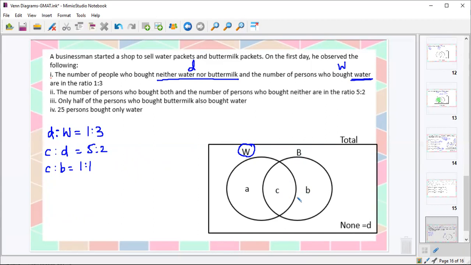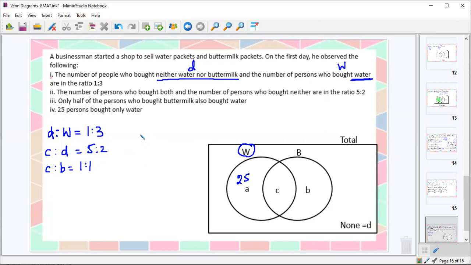Now, how should we solve this? We also have 25 persons who bought only water. So this is 25. Look at the ratios over here. You have a common ratio here, D. This D represents 1 unit over here and 2 units over here.